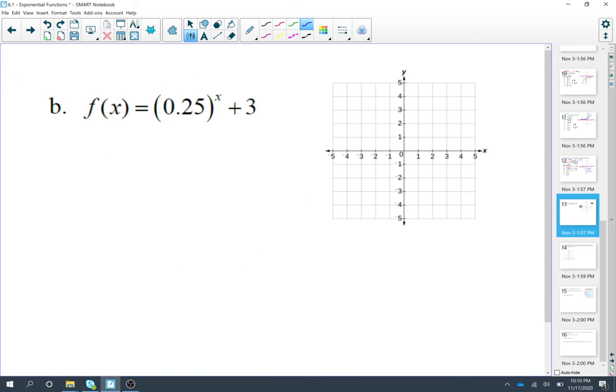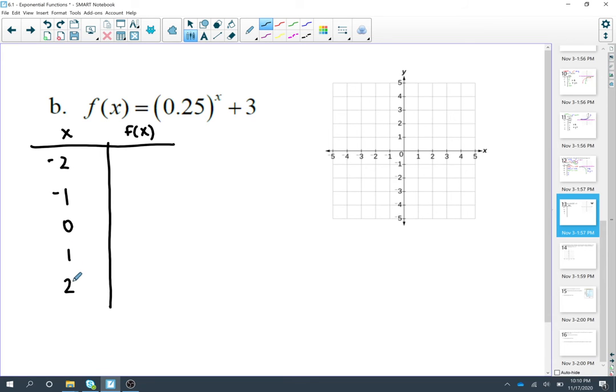Okay, example B. So first things first, let's get a table here. X, f of x. This time the values I want you to use are -2, -1, 0, 1, 2. Now before we do anything, I'm going to look at this and go, okay, my b value, what's being raised to my power, is a fraction.